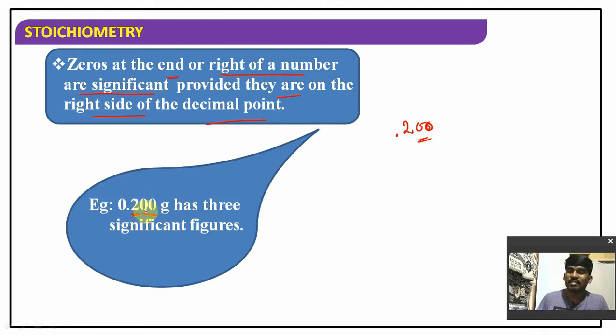Any zero on the right side of the decimal point is definitely significant. Like 0.200, you're not supposed to say 2 is the only significant figure. Along with 2, this 0 and this 0 are also significant, because they are on the right side of the decimal point. The zero on the left side of the decimal point is not significant, but these two are significant. So it has how many significant figures? 3 significant figures are present. Understood?